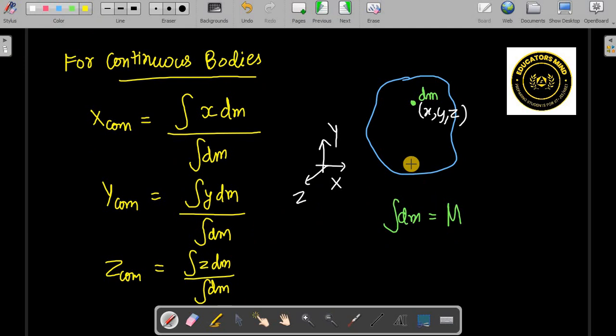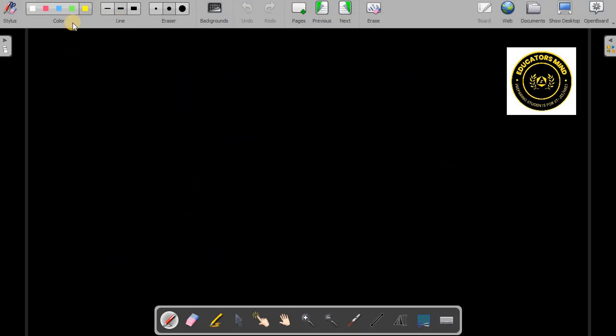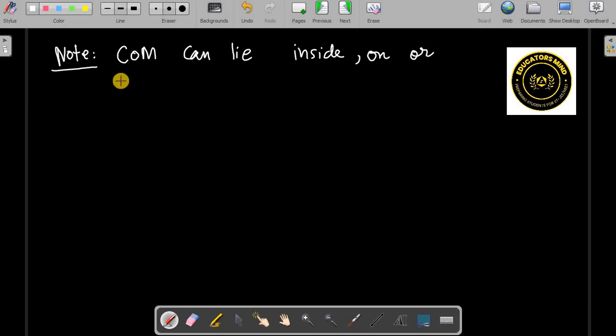So let us take some very simple cases that I will discuss here. First of all, one thing we should note is that the center of mass can lie inside, on, or outside the body.